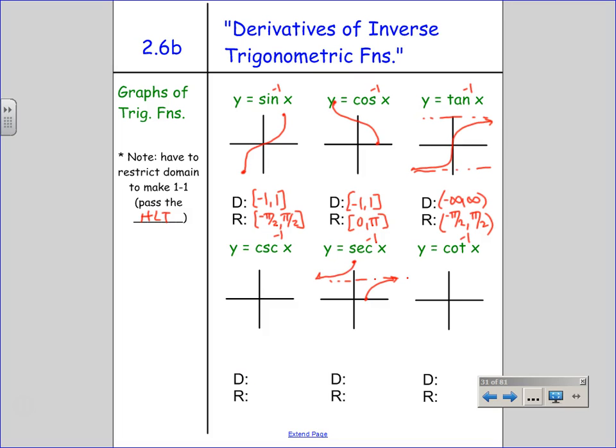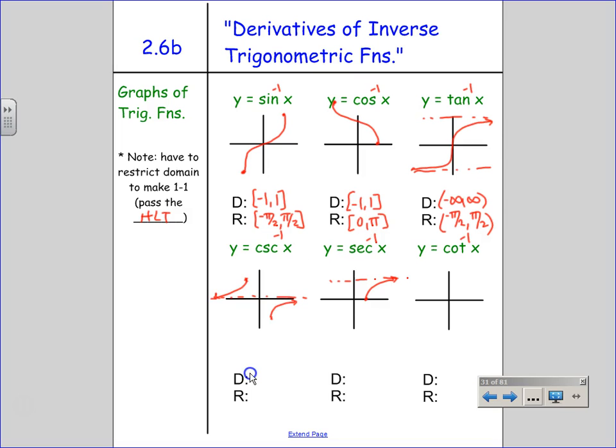Cosecant flips off of sine. And that looks like... Oh, sorry, the visual on this is hard. I forgot there's a gap in between. There we go.